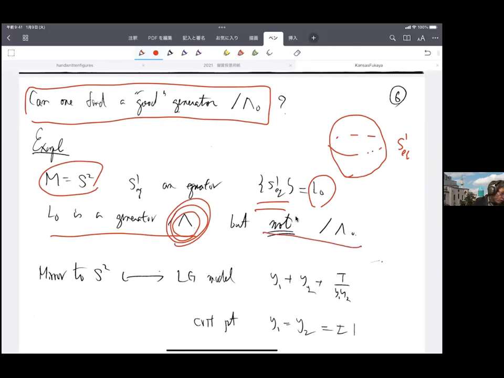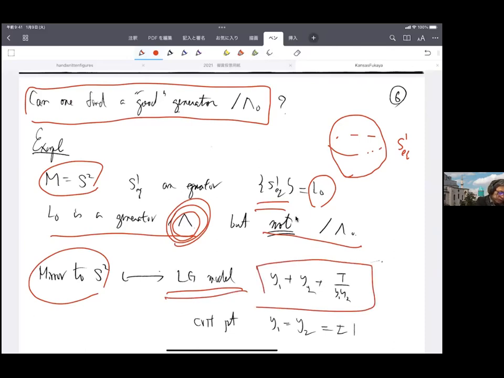So what is homological mirror symmetry for S2? For S2, the mirror is known to be a Landau-Ginzburg model of this particular function, where T is a formal parameter. So you have y1 plus y2 plus T divided by y1 y2. And this is the Landau-Ginzburg potential. The critical point of this function is two points. I'm sorry, this is not one, this is T half.